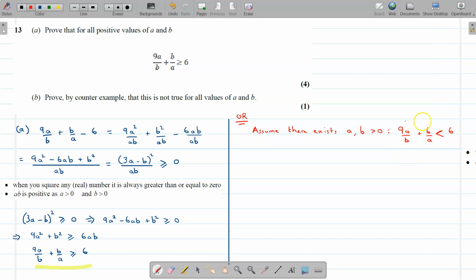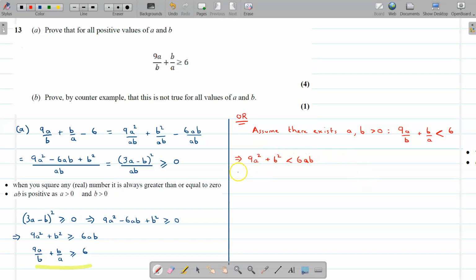Now, because I'm assuming this whole statement is now true, I can just manipulate it. And if that was true, it would imply that 9a squared plus b squared would be less than 6ab. I've just multiplied everything by ab.